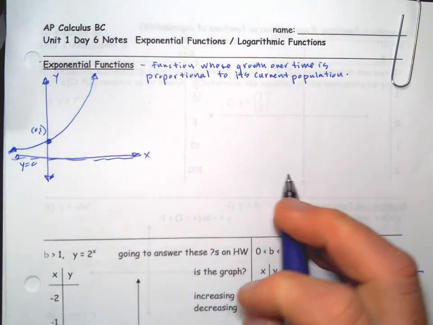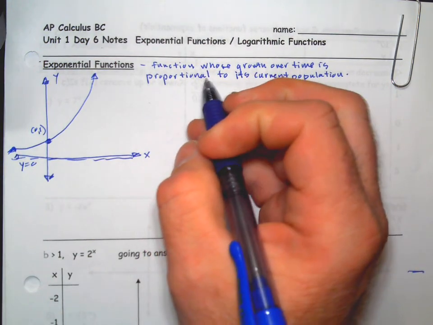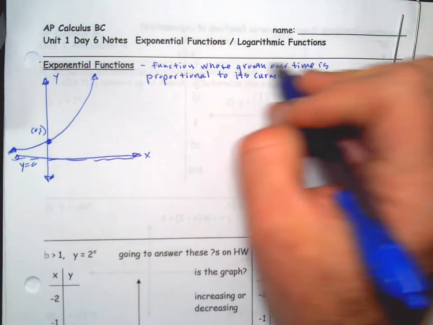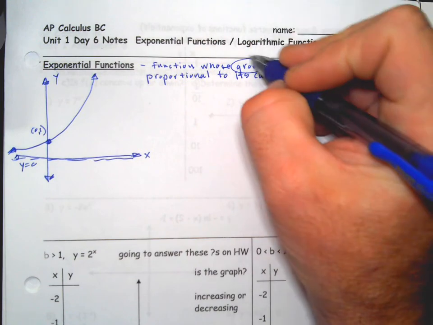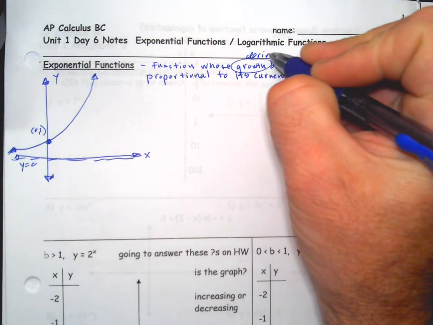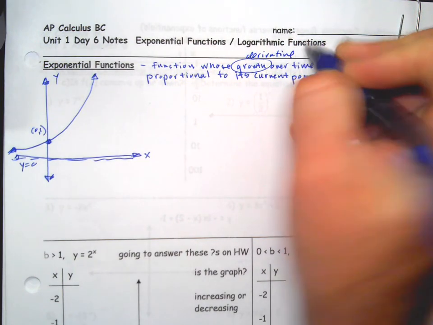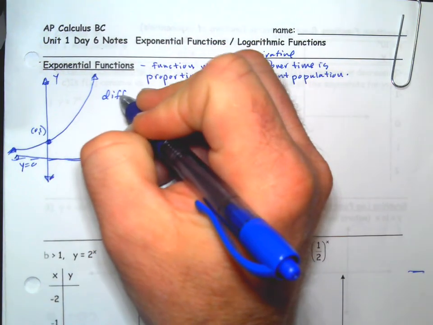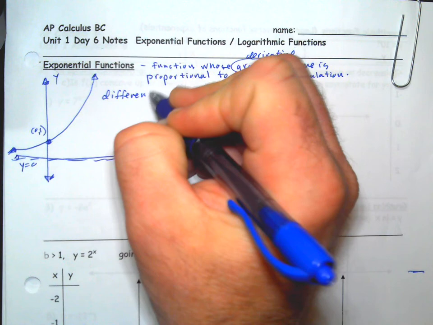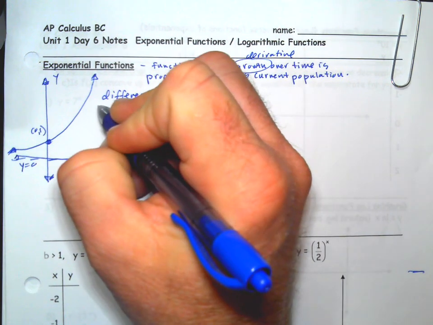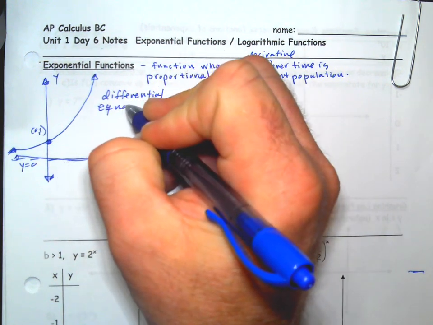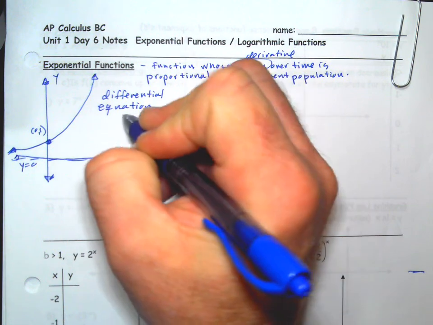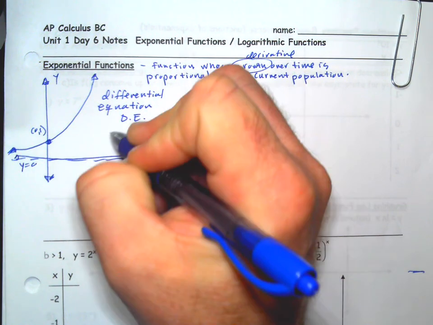So, anyways, this right here, growth is a derivative. It's the slope, right? So this can be translated into a differential equation, diff eq, whatever you want to call it.